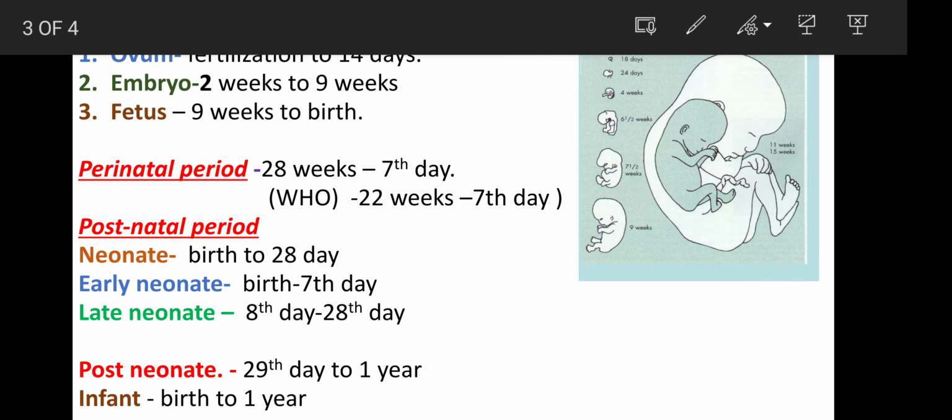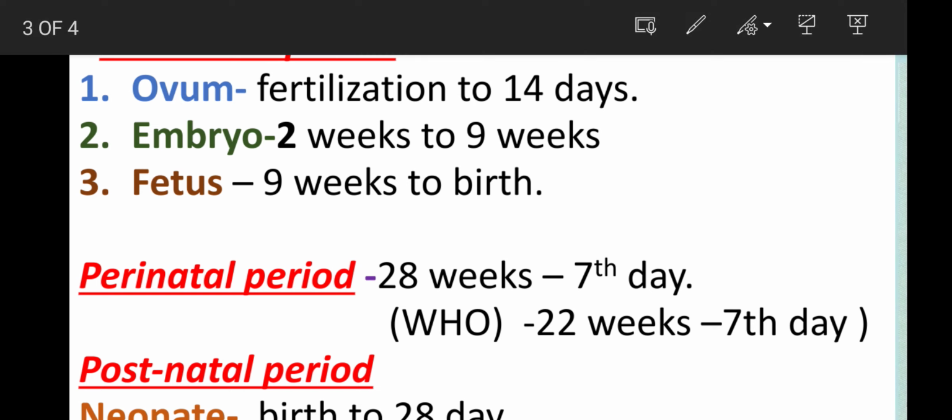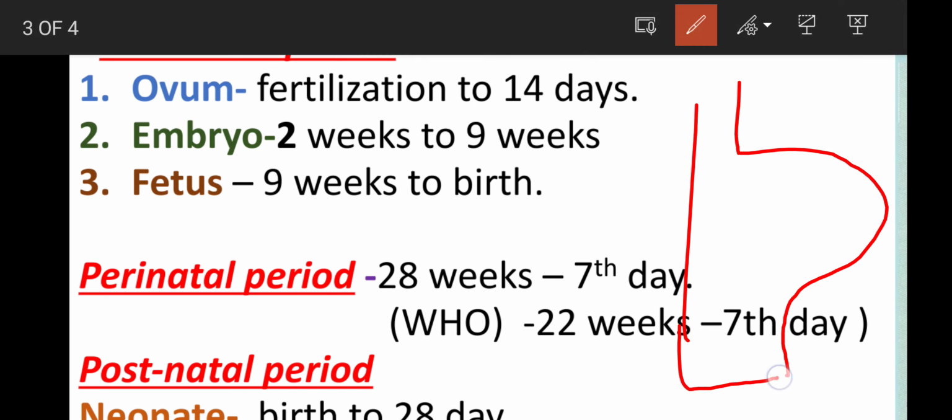Prenatal period is the period during the pregnancy wherein we have three subdivisions. During pregnancy we have ovum, embryo, fetus.